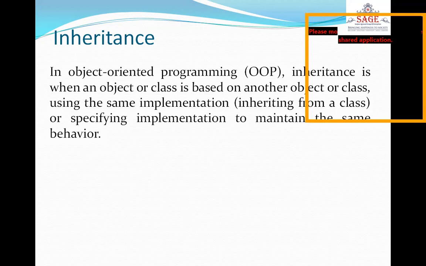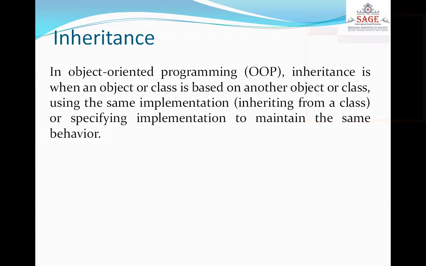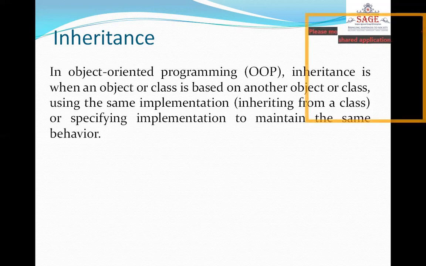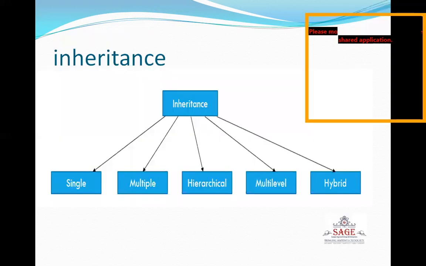Suppose that we have one class that is called base class, whose name is XYZ, and we have a derived class under the base class that is XYZ1, so that the properties of the base class automatically transfer to the derived class. There are many types of inheritance.